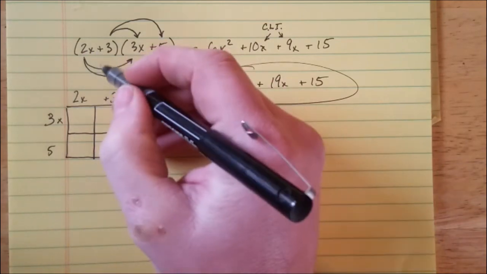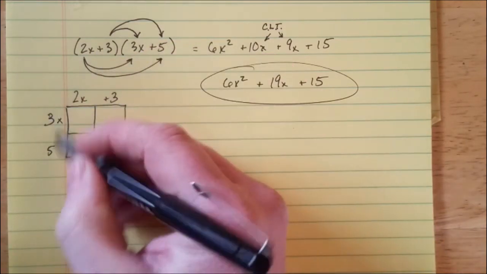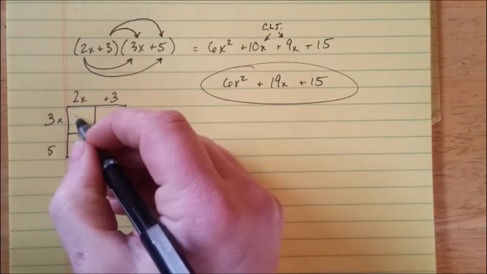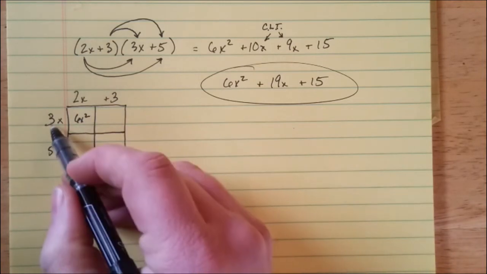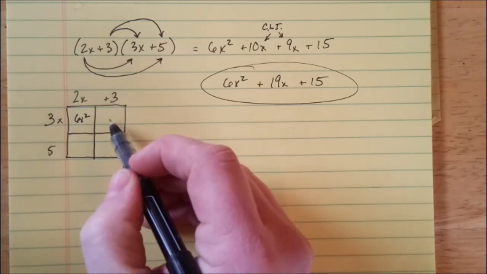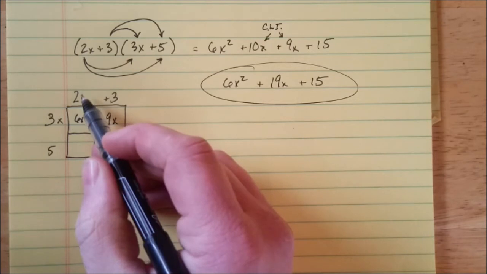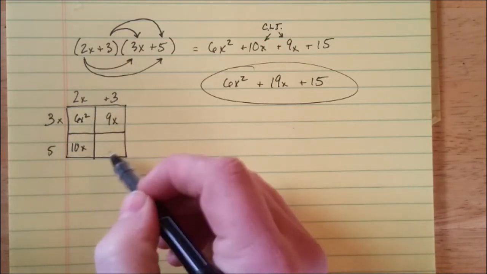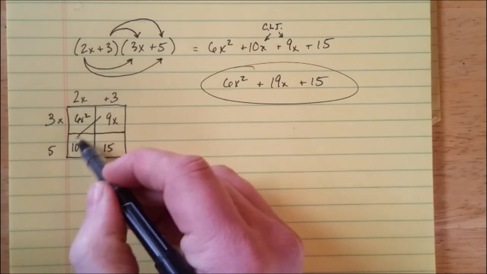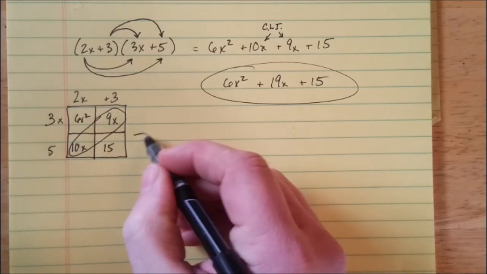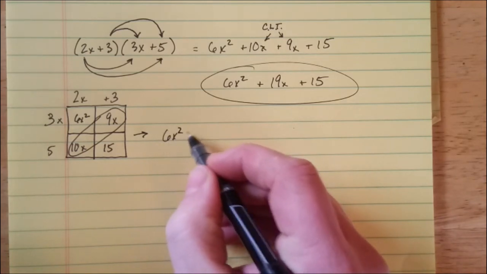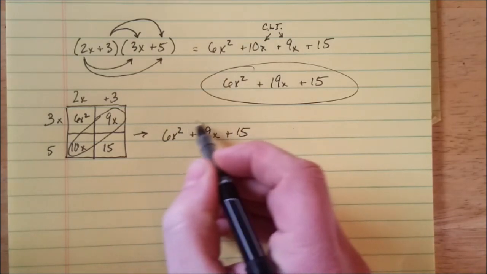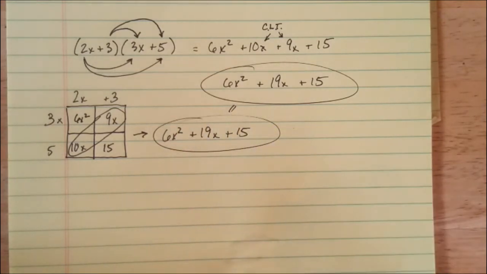So I set up this binomial here and this binomial on the other side, and we're multiplying them. 2x and 3x is 6x squared. 3x times 3, 9x. 2x times 5, 10x. And 5 times 3, 15. Combine these like terms, and we end up with 6x squared plus 19x plus 15. Look at that. Same answer.